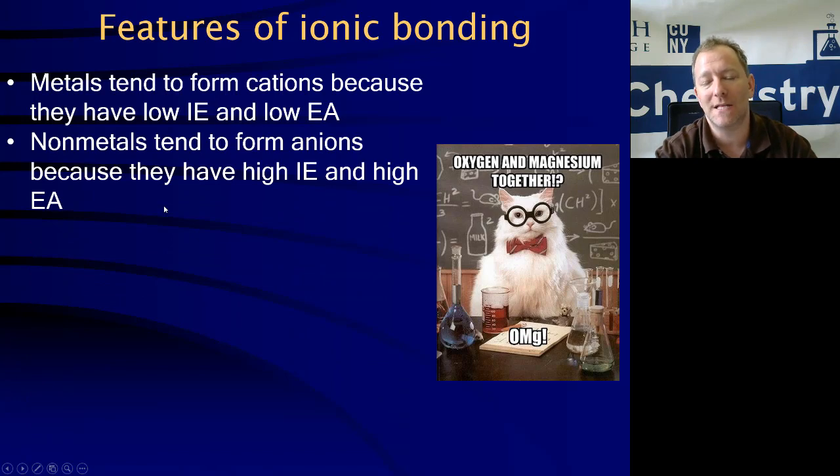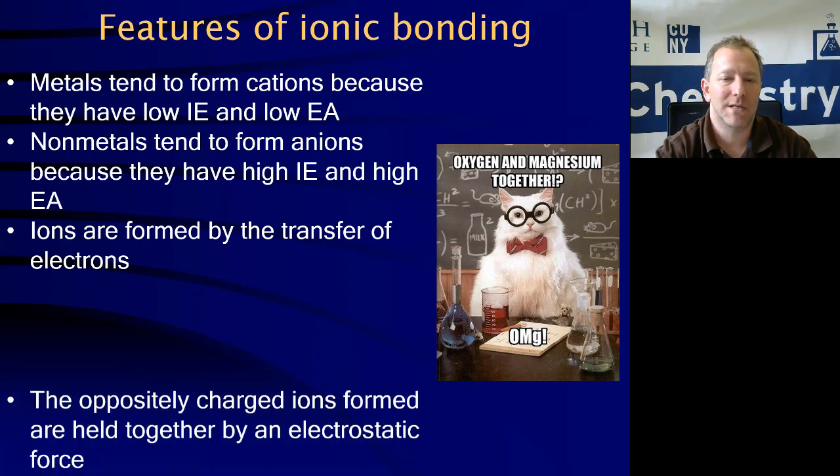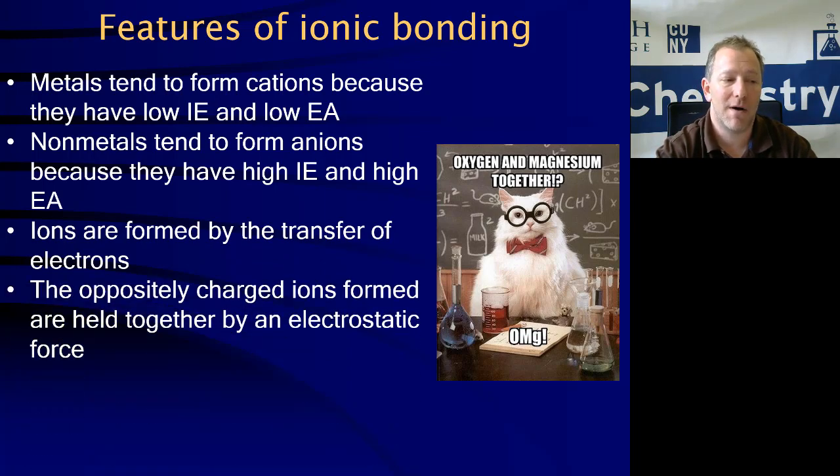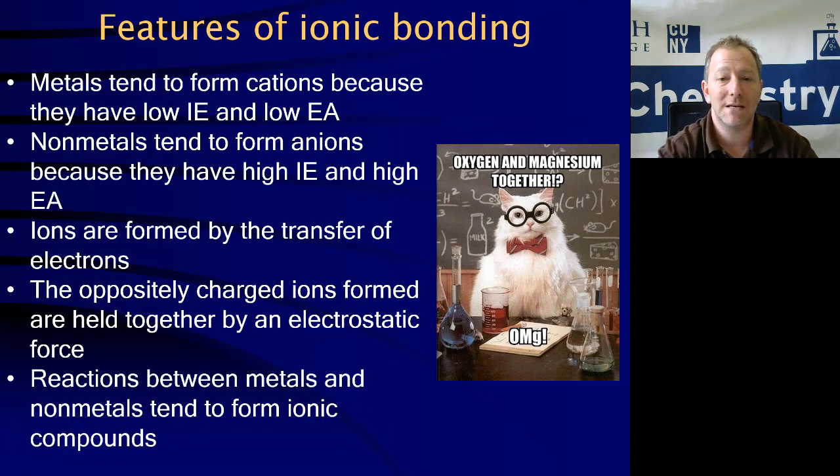Nonmetals tend to form anions for exactly the opposite reason, high ionization energy and high electron affinity. Easy to gain, not so easy to lose electrons. Ions are formed by the transfer of electrons. Oppositely charged ions are held together by ridiculously strong electrostatic force, plus-minus attraction. And reactions between metals and nonmetals tend to form ionic compounds.